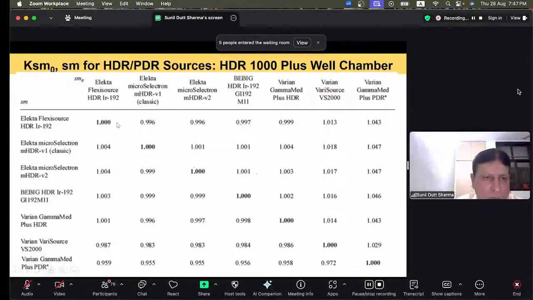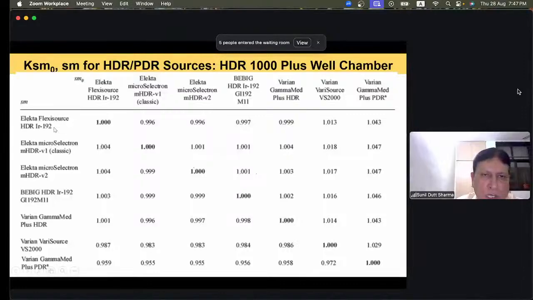However, if our source model is Flexisource iridium 192, but the microSelectron SDR V1 source has been used as a reference source by the calibration lab, then the source model correction factor will have a value of 0.996. Accordingly, you can see the whole table.